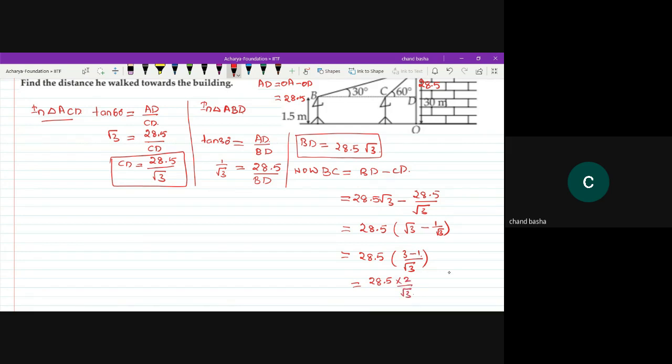So based upon the options, you have to change. You can write it as root 3 divided by root 3. As I said, root 3 will cut. You will get only 3. The numerator value 28.5 into 2 into root 3 divided by 3.